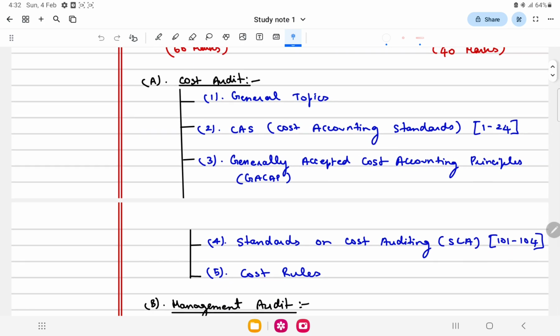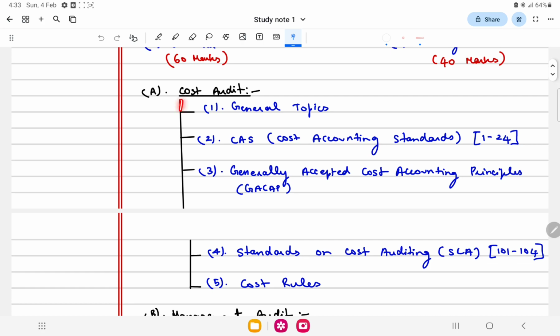These are the topics which we are going to cover in Section A for 60 marks.